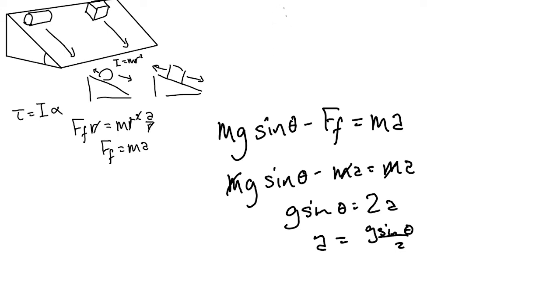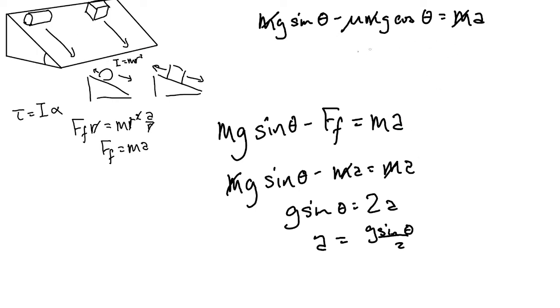We have our mg sine theta for the block, minus mu mg cosine theta. It's going to give us mass times acceleration, right? Let's first eliminate all these m's, and we know that our acceleration is here, because these two must have the same acceleration to both reach the bottom of the ramp at the same time.